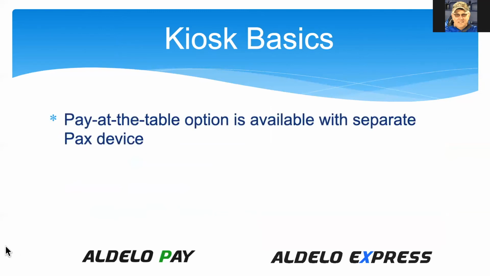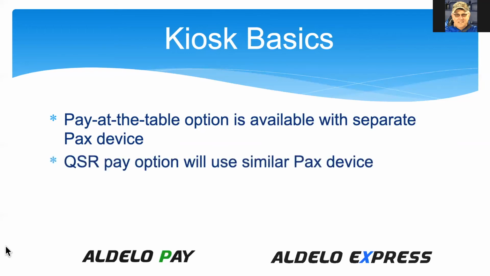There is a pay at the table option. If you wish, you can put a physical kiosk on each table, and you can have pay at the table if you have an individual PAX device there at the table. You can also do a QSR pay option with a similar PAX device.